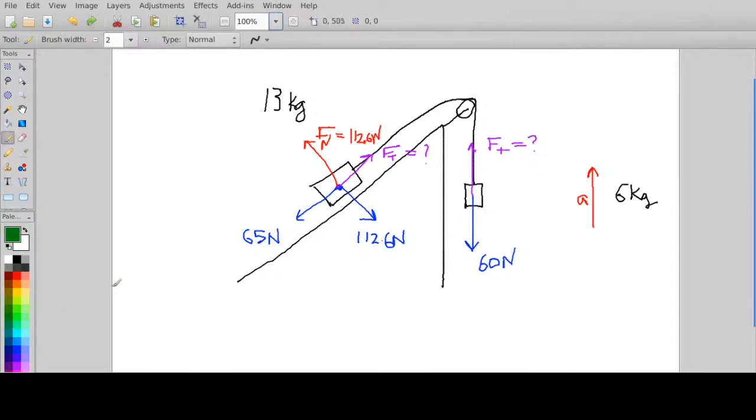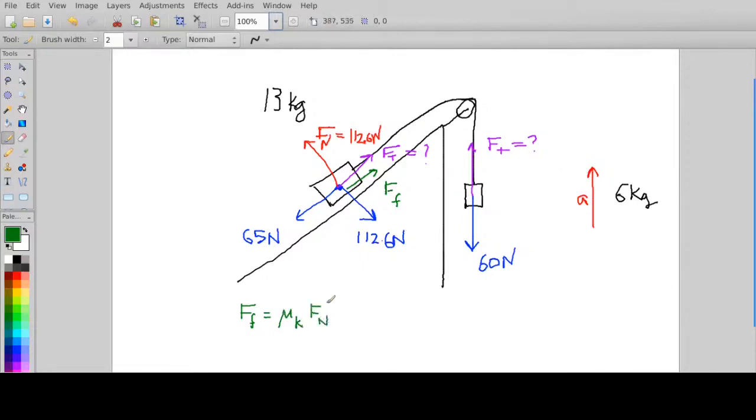And then there's a force of friction, and we know that that force of friction has to be uphill. We'll call this FF, not FS for static, but just force of friction. And you say, well, do we have a value for the force of friction? And the answer is yes. I don't have enough room to calculate it here, but we can calculate it using this equation: FF is equal to mu K times Fn.